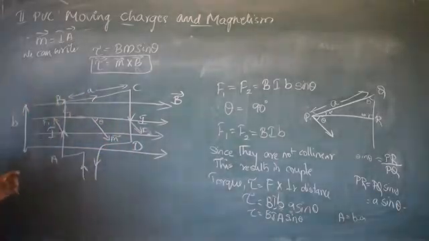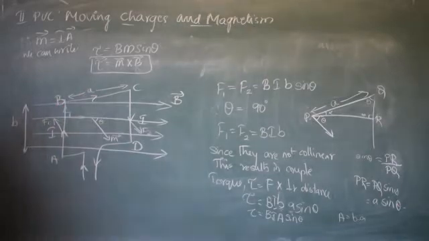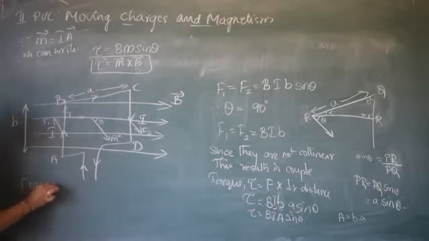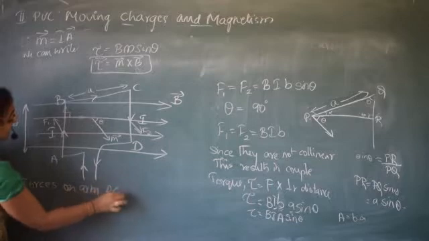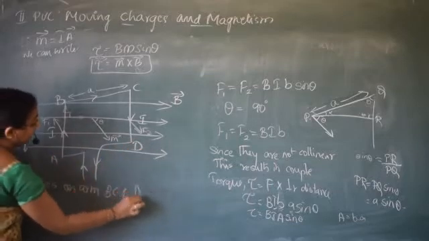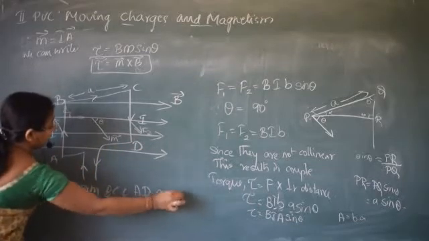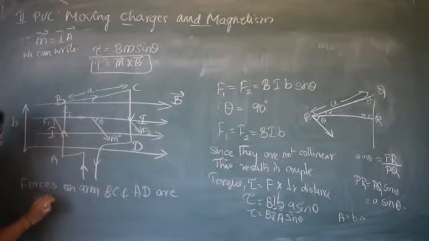We can say the force acting. So I will write over here, in the beginning you should write, forces. Forces on arm BC and AD are equal and opposite.